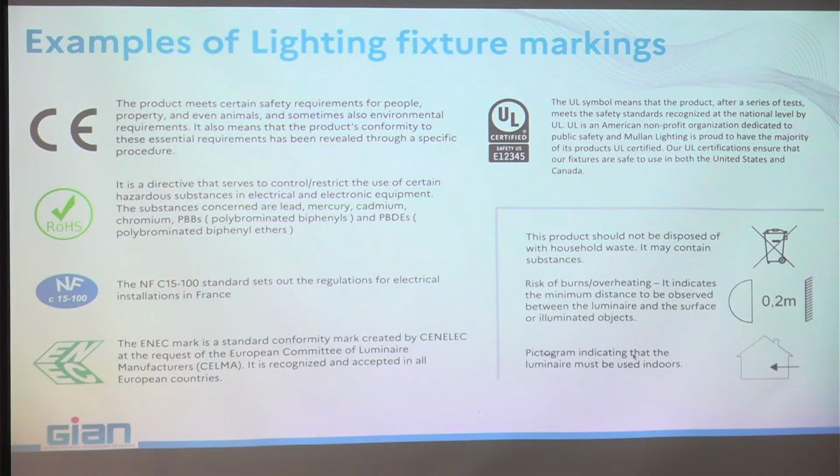This is not compulsory, but if you have a product, we'll discuss those tomorrow. If you have a product marked with that one, it means that you, as an industry manufacturer, have an accredited laboratory inside your company, and this marking means that you respect a number of standards, and normally there is a small figure nearby, I'll explain to you tomorrow, that identifies which lab it is.